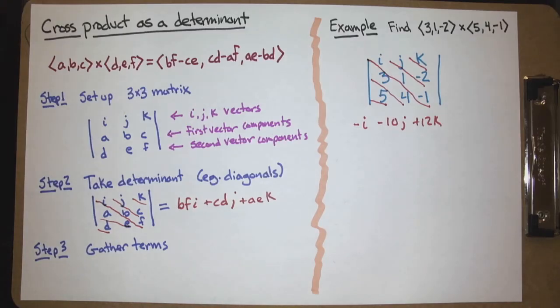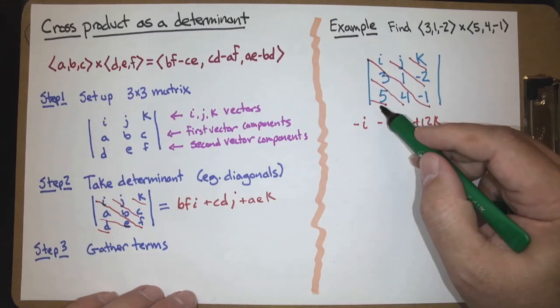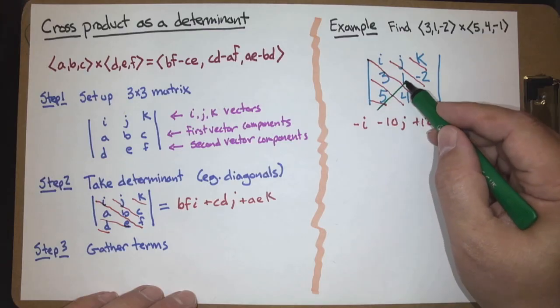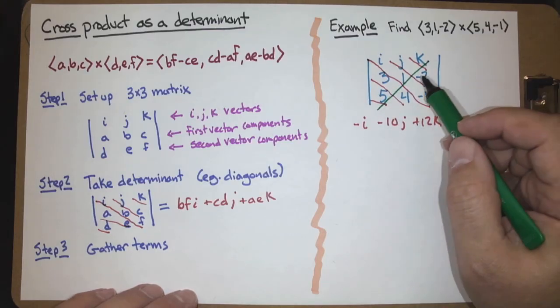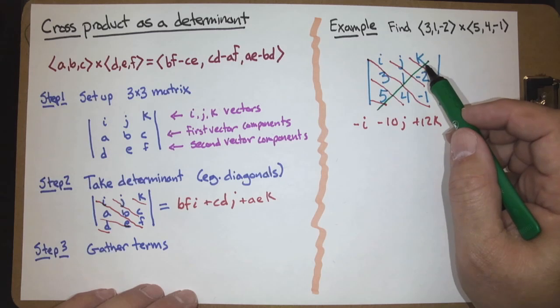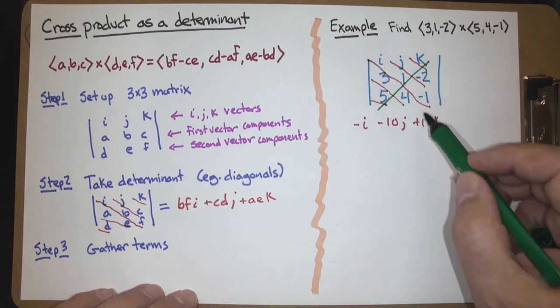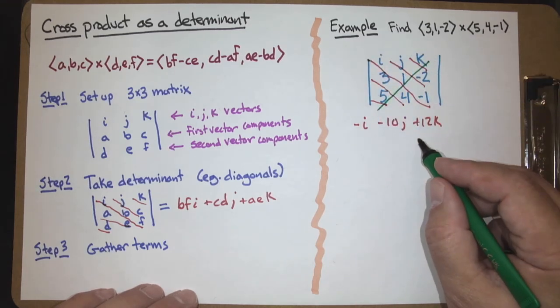Round 2, uphill. So, switch to a different color. Now you just do the same thing going up. 5 times 1 times K. The product is 5K, but now here's the trick. The downs you add, the uphills you subtract.